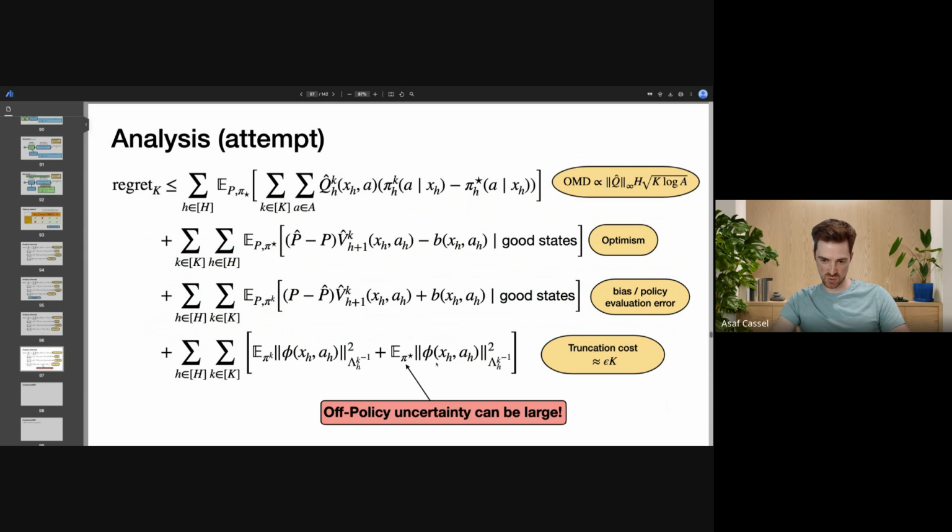And it's pretty well known and pretty sensible that this is your uncertainty. And you know that on policy, you're going to shrink your uncertainty constantly. And so this term with pi k will behave nicely. But this term with pi star is something that we don't know how to control. So this is not going to end up well. You need to do something else.